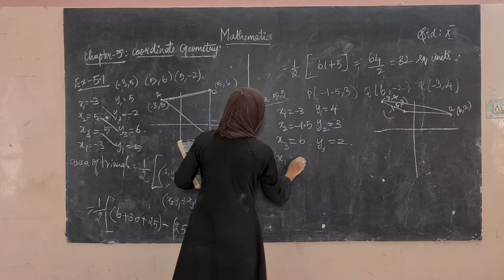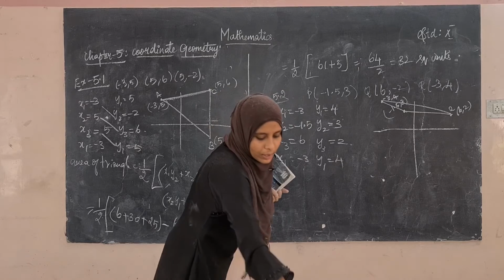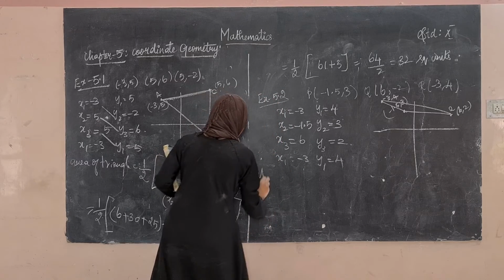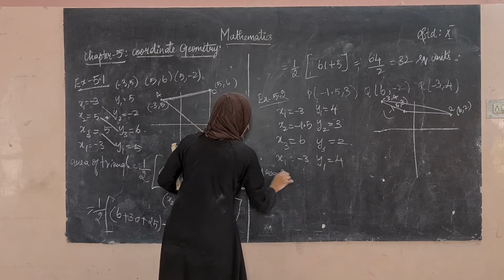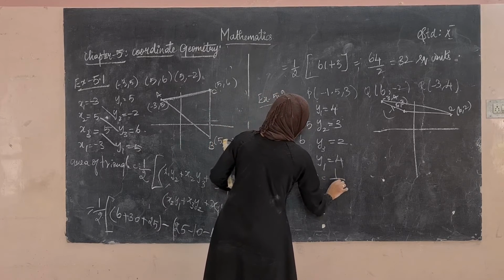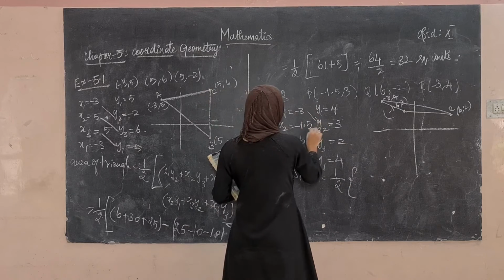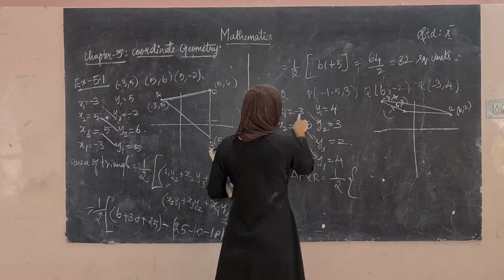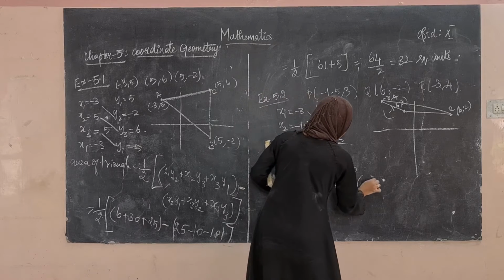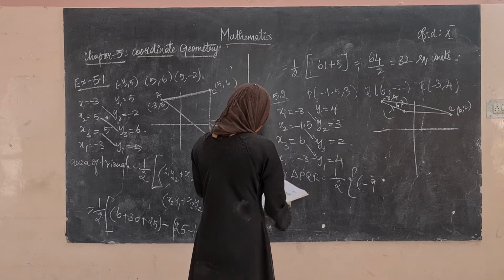Shall we find the area of the triangle? Area of triangle PQR is equal to, I am not writing the formula, I am just directly substituting. Minus 3 into 3 is minus 9.